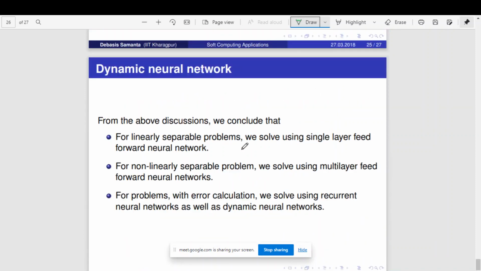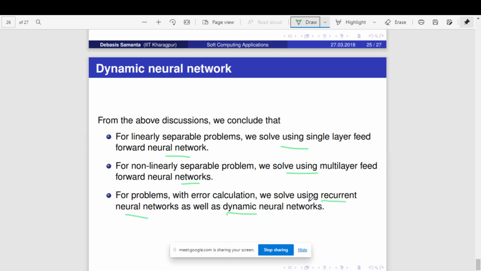So this is the crux of whatever we have discussed so far. Linearly separable problems can be solved using a single layer feed forward neural network. For non-linearly separable problems, we have to use either a multi-layer feed forward network or dynamic neural networks, okay, recurrent neural networks or dynamic neural networks.